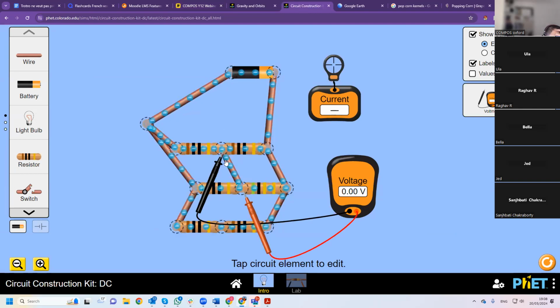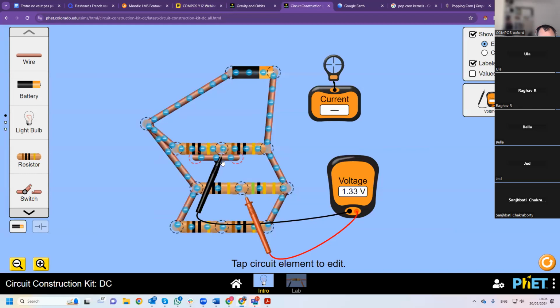Because the potential difference is current times resistance. But if the resistance is 0, voltage is also 0. However, if I were to remove this wire, the voltage is not 0.